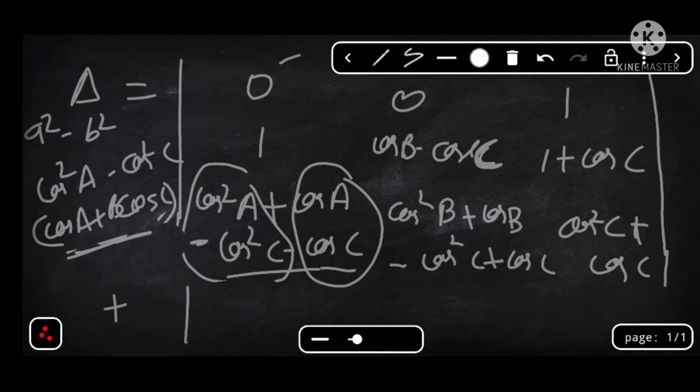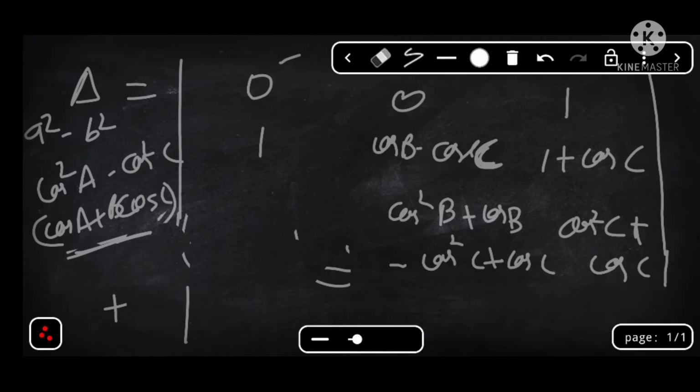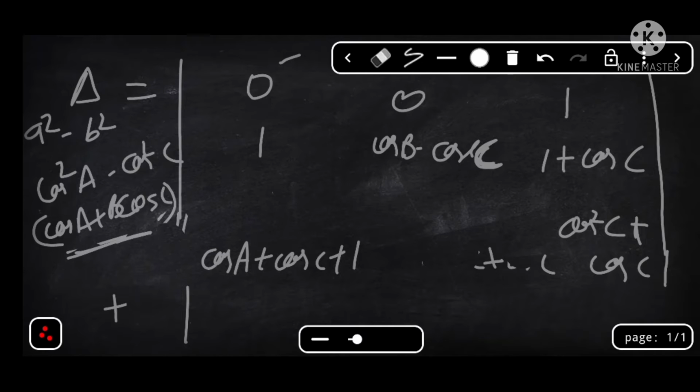So this is going to be cos A plus cos C plus 1. The same procedure we can do here. So we'll get cos B plus cos C plus 1, and here it will be 1.